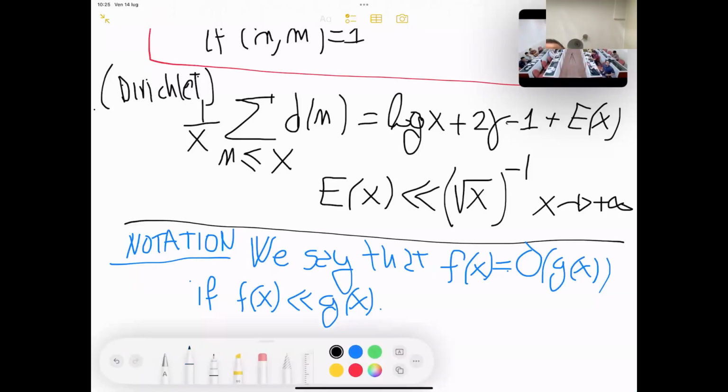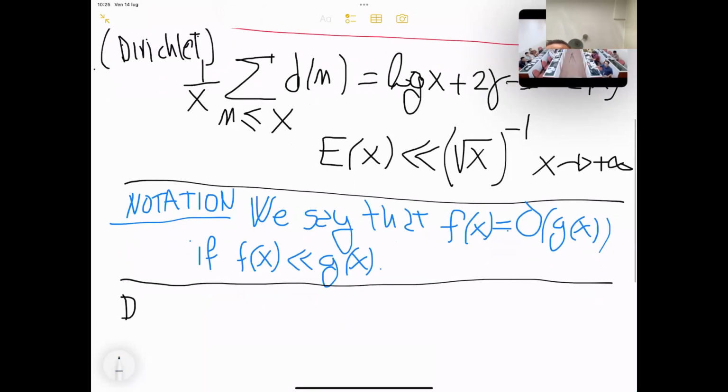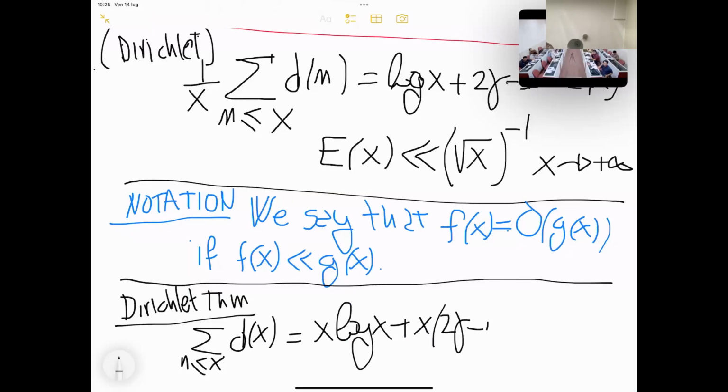So in using this notation, the Dirichlet theorem can be stated in the following way, that the sum for n less or equal than x of d of n is equal to x log x plus x times 2 gamma minus 1 plus an error term of the order of square root of x.